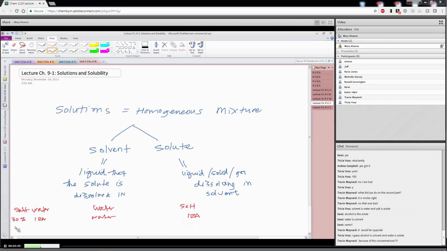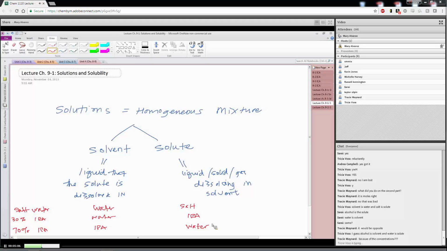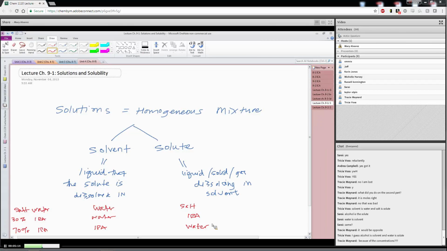If I have 70% IPA, then I've got more isopropyl alcohol than water, so it would be more appropriate to say that I've got water dissolved in my isopropyl alcohol than to say I've got isopropyl alcohol dissolved in my water. Now, this is obviously murky. What if I had 50-50? Which one would be the solute? Which one would be the solvent? It doesn't really matter at that point, because you've got about the same of each. But generally speaking, if you recognize that something's present in a much lower concentration, then that would be the solute. You guys with me? Feeling good about that? Okay.